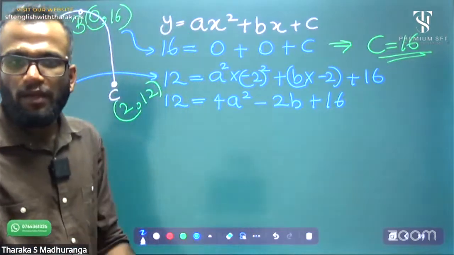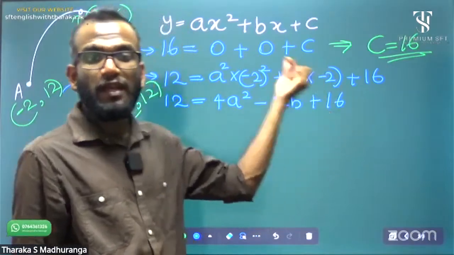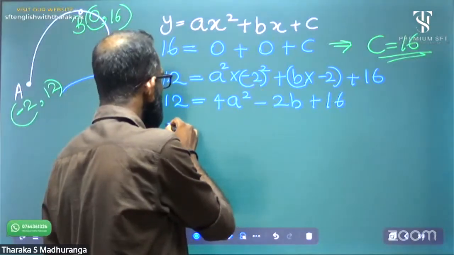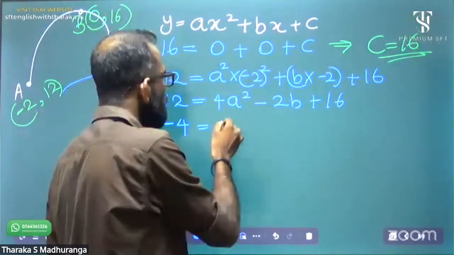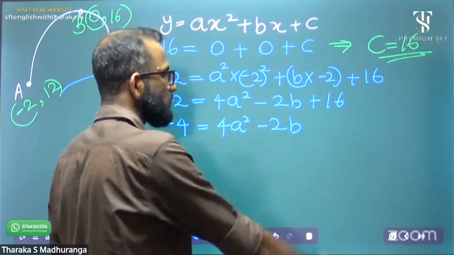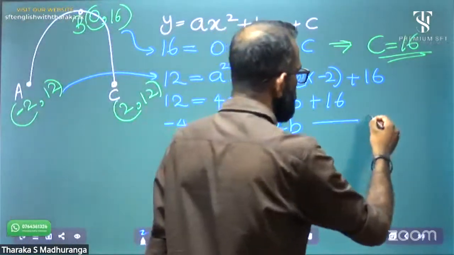Right? Now, the 16 is just a value. Take 16 to the left side. Then 12 minus 16 is minus 4, which equals 4a minus 2b. Remember, this is my first equation.